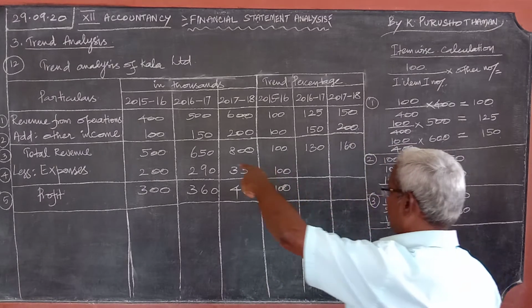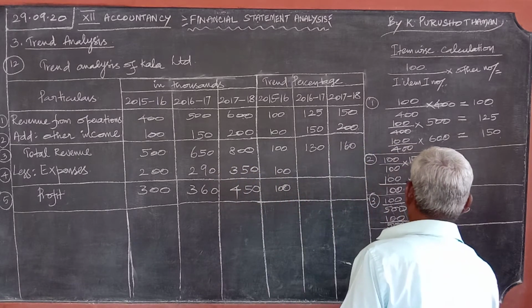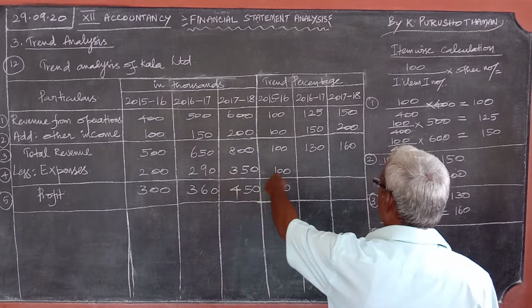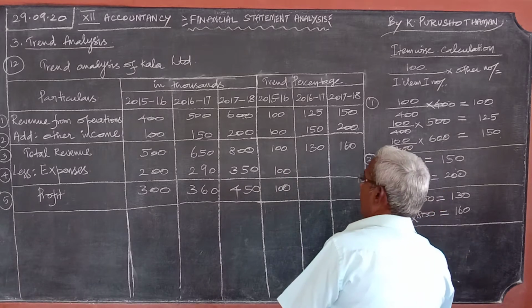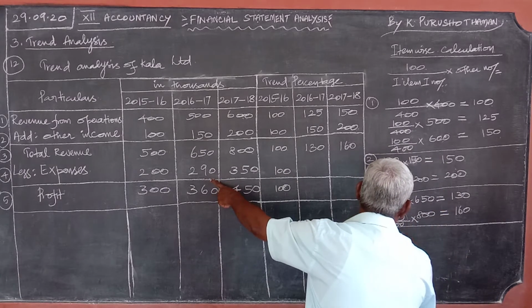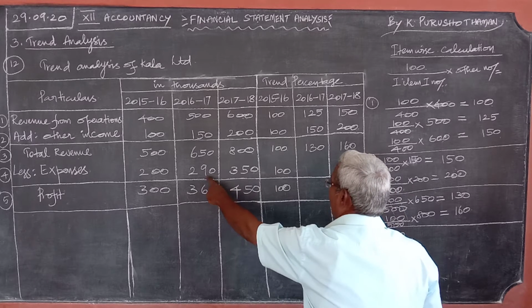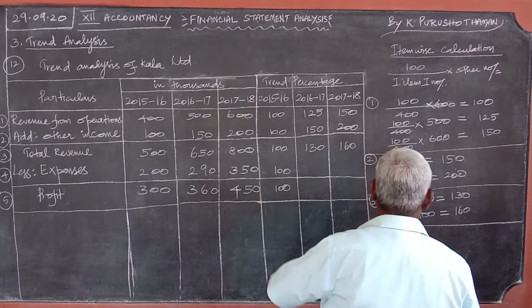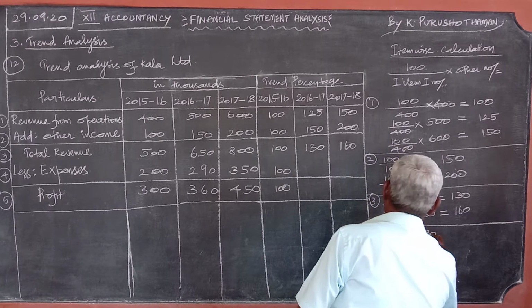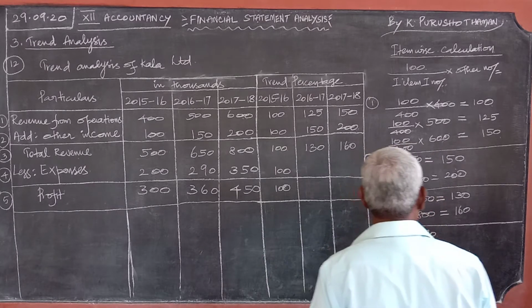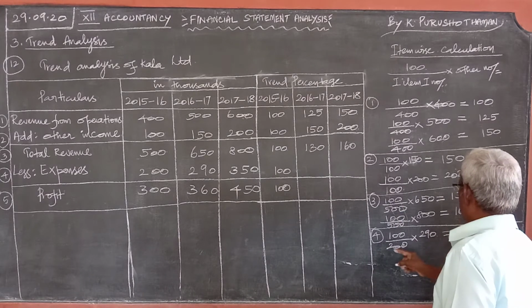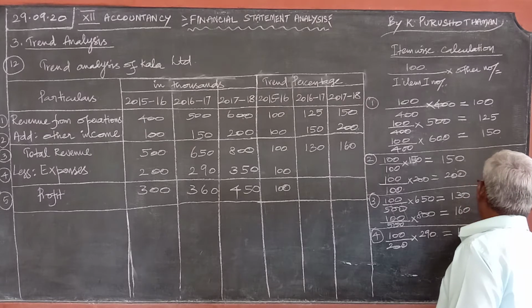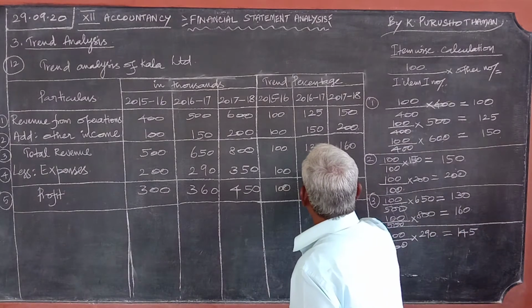Then the next one, number 4: 100 by 200 into 200, 100. And the second number, 100 by 200, the first number, into 290. This is equal to, if you simplify 290 by 2, 145.